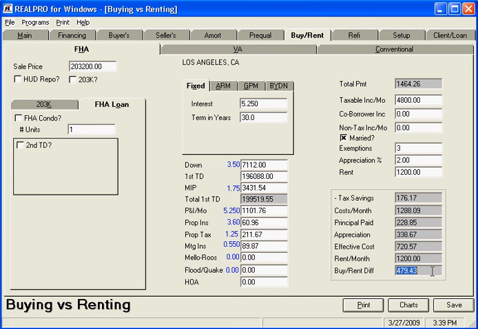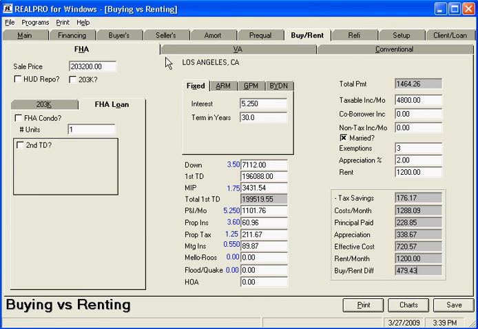And because you gave them this information, why wouldn't they buy from you? The buy-rent difference is $479 a month. So they would be ahead by $479 a month if they bought this house rather than continuing to rent.